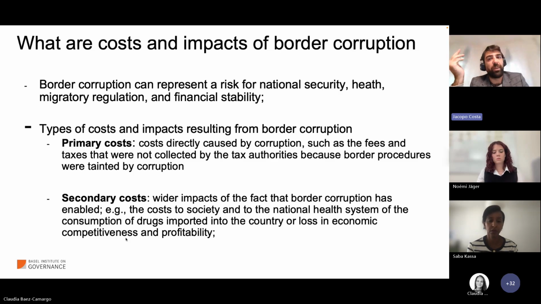And this is a point that Saba has also identified while doing her investigation in Rotterdam: the increase in violence related to drug trafficking and drug consumption. So that's just to give you an idea of how impactful border corruption can be for the well-being of our country, society, health system, and so on.